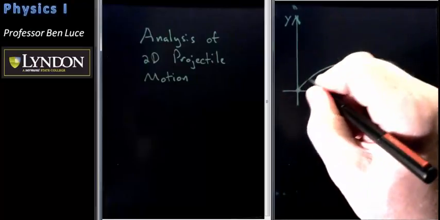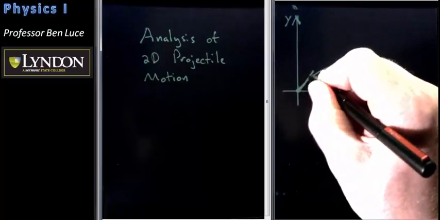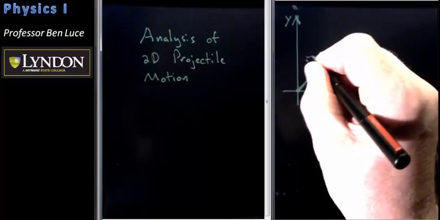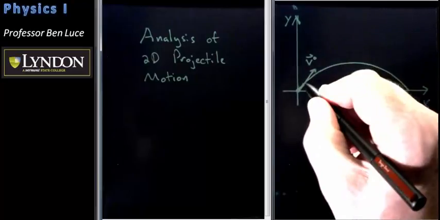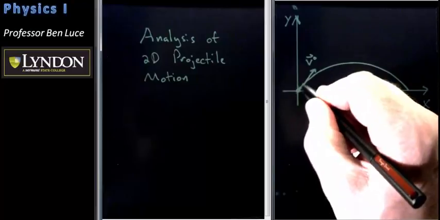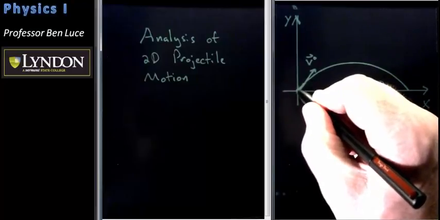Our projectile will have some initial velocity vector v naught. And this initial velocity vector must be tangent to this path right at the origin here.